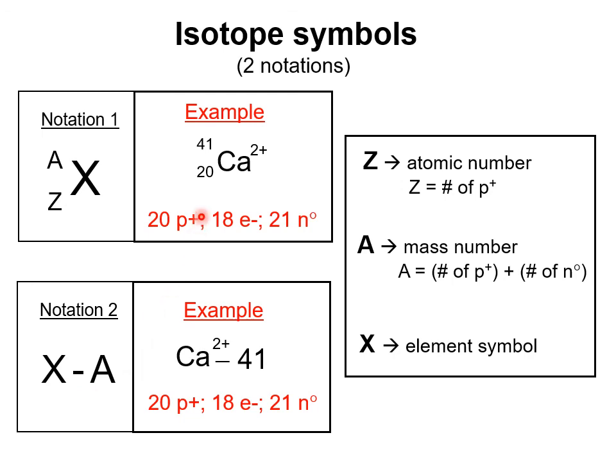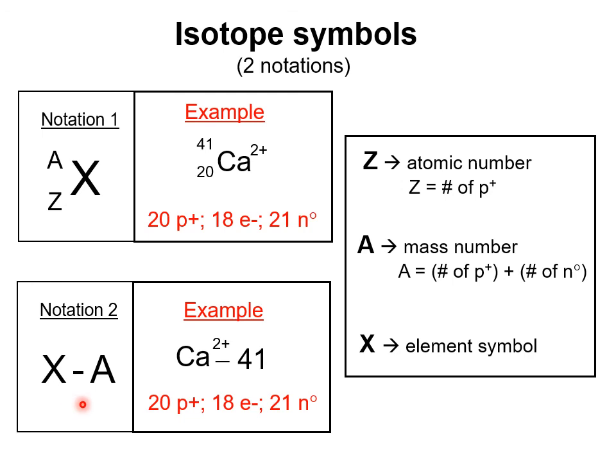Notice that up here in this first notation, it's kind of redundant to have the atomic number and the symbol. Because if we know the symbol, we can just easily look up the element and see how many protons it has. So we don't need to give both the atomic number and the element symbol. And that's what the second notation does.